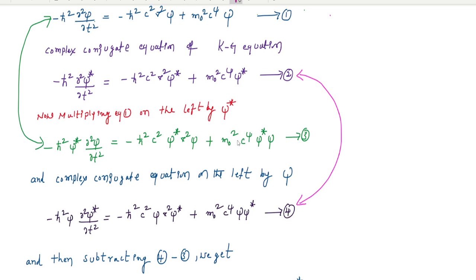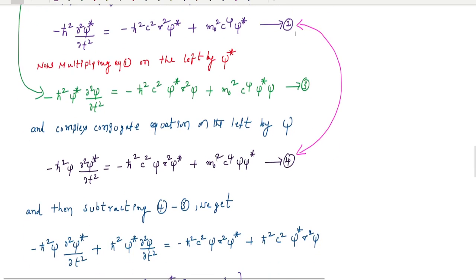From equation number 1, I got equation number 3. From equation number 2, if you multiply equation number 2 by the wave function psi, you will get equation number 4. These are the basic first two steps to derive the continuity equation from the relativistic Schrodinger wave equation.